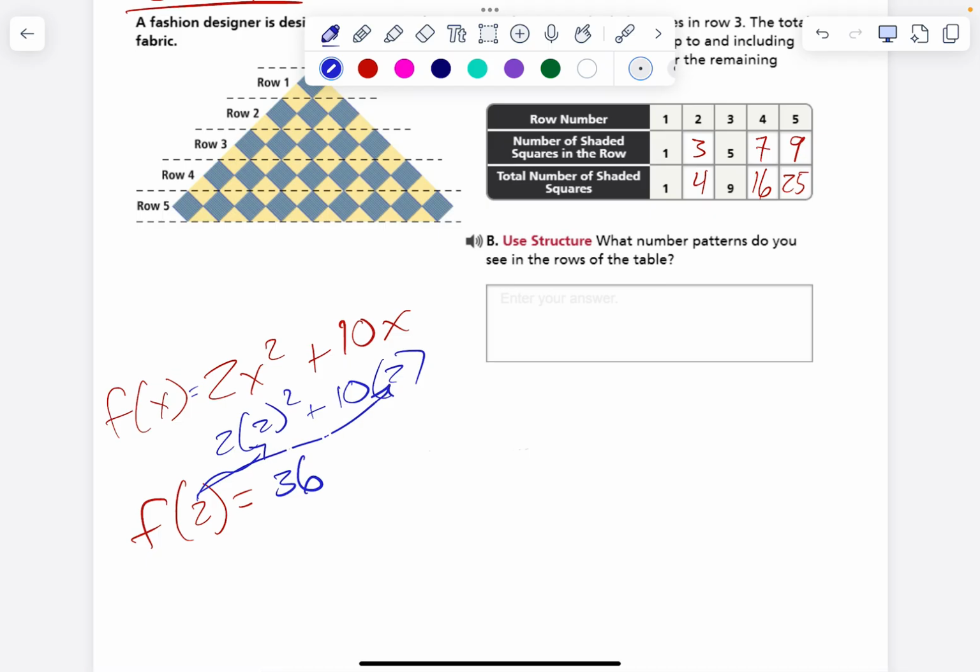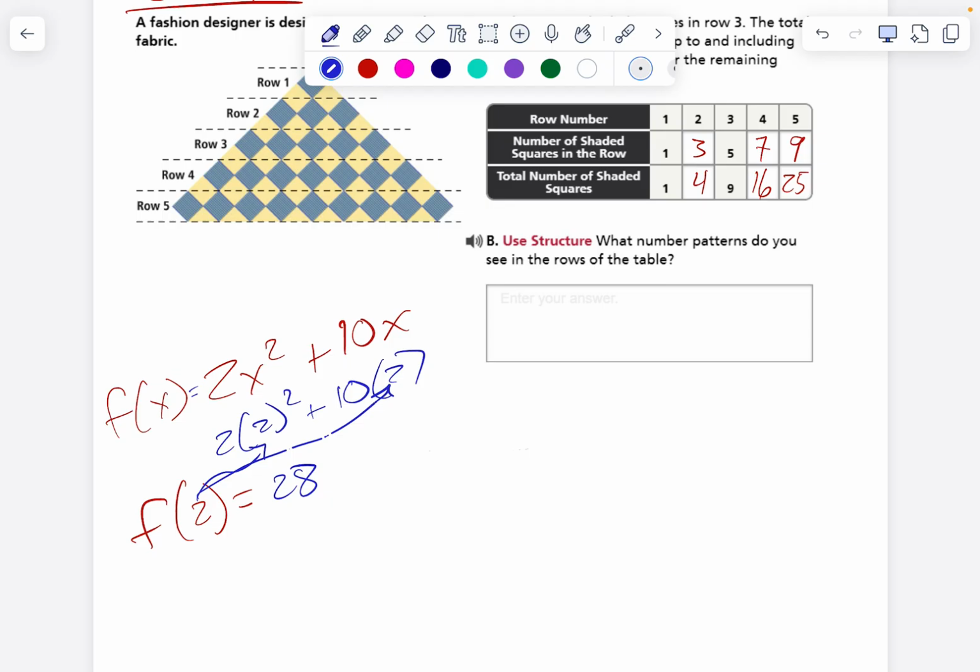So 2 times 4 is 8, and then 10 times 2, you guys told me 36, it should be 28. 2 times 2 and then 4 squared? No, that's the wrong order of operations. You got to do exponents first and then multiply, right? In other words, square, then times 2. So that becomes 8 and then 28.